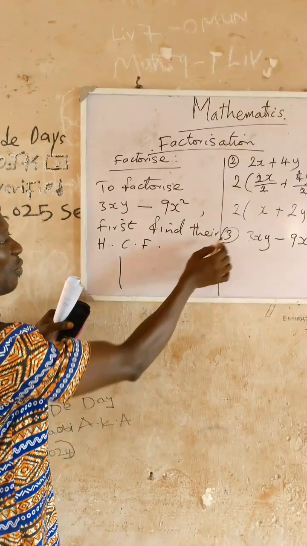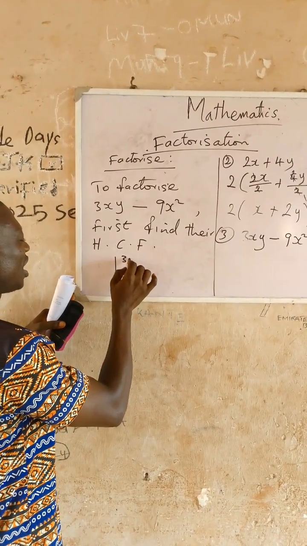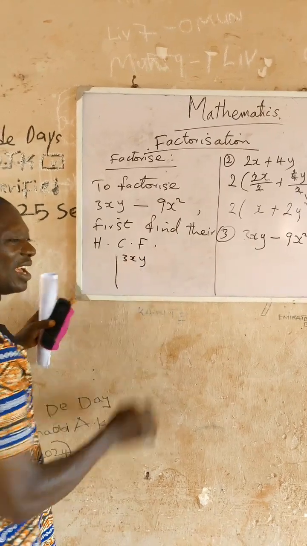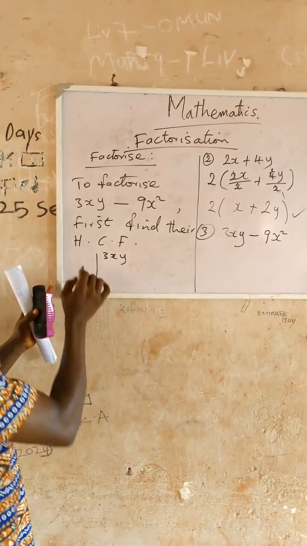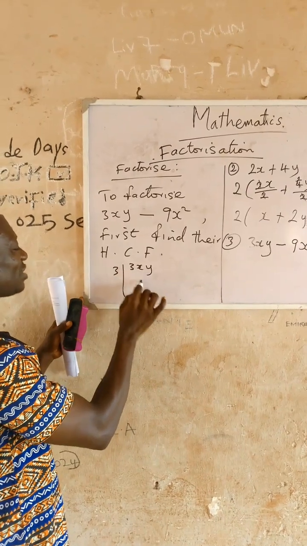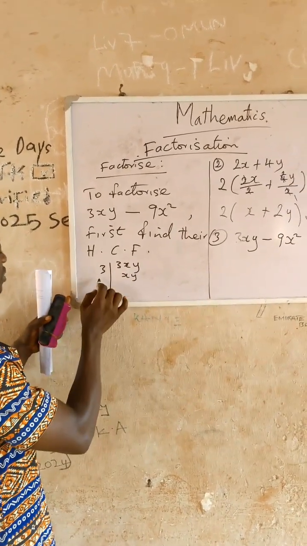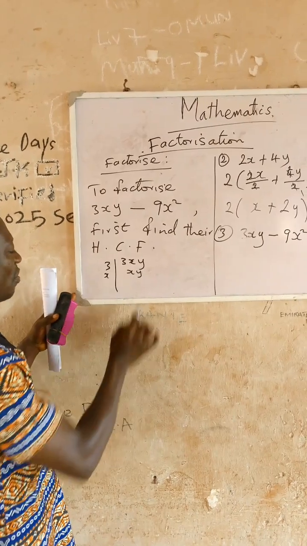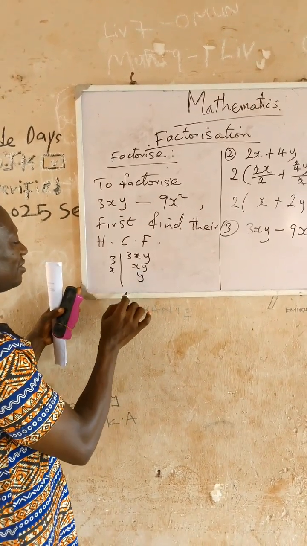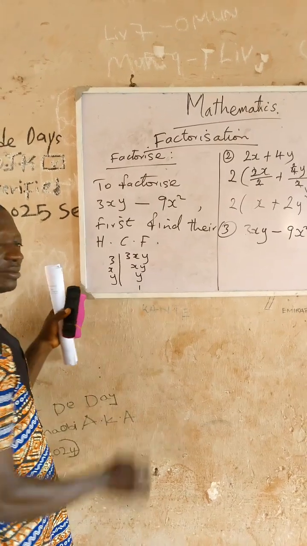We pick up the first one, which is 3xy, and divide them. Use 3 to divide. We are going to cancel out 3 and have xy. Use x to divide, we are going to get y. Use y to divide y, we are going to get 1.